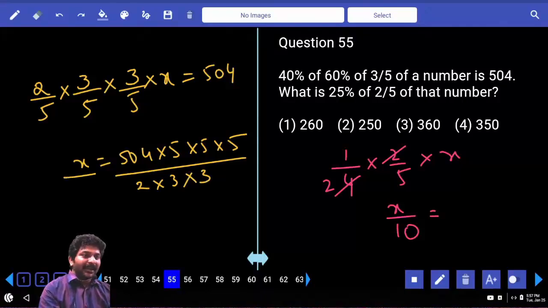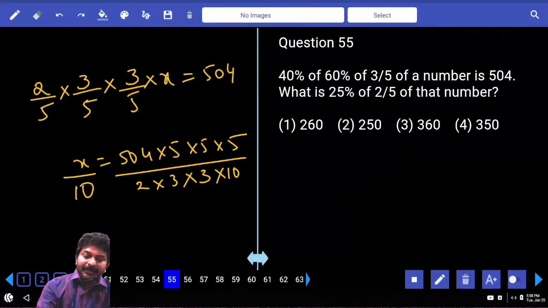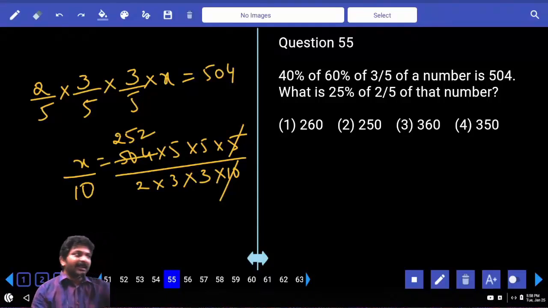And we would like to calculate x by 10, that is, denominator 10 also comes into the picture. Come on. Right. So now 0, 5 and 1 even number, this becomes 252, correct? For 10 cancellation we need one even number and one 5, right?